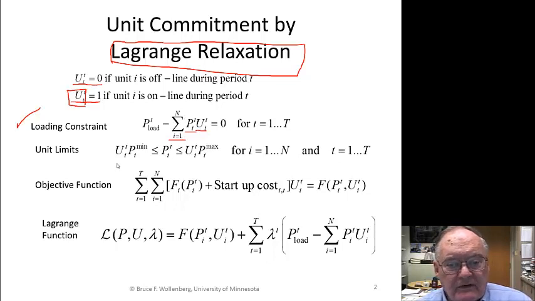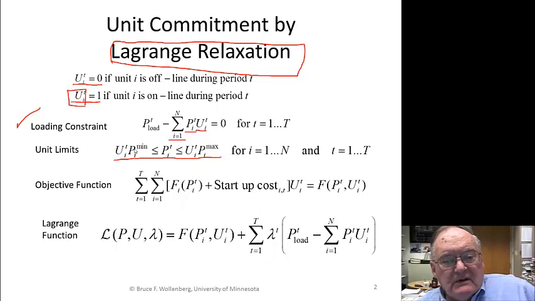And we have our standard unit limits that say that this set of inequalities must hold: u_i^t times the P min for that generator is less than P_i^t is less than the same multiplier times P max. Now, if this variable here is 0, then it will be 0 over here, and this just says 0 is less than this is less than 0.